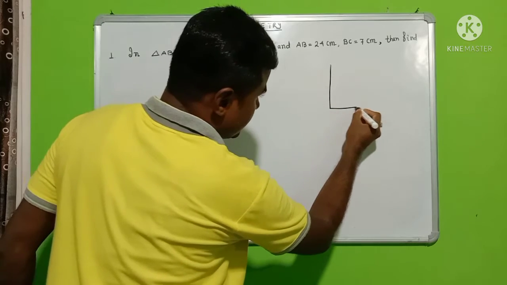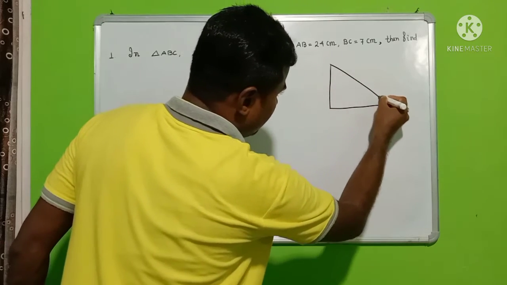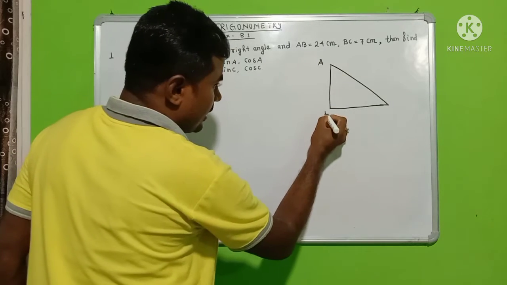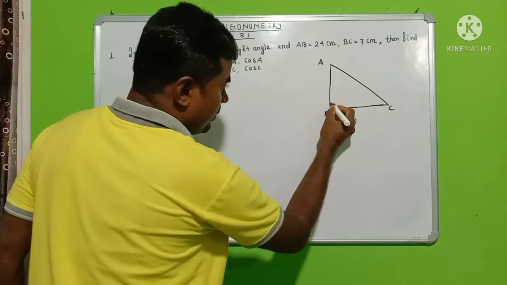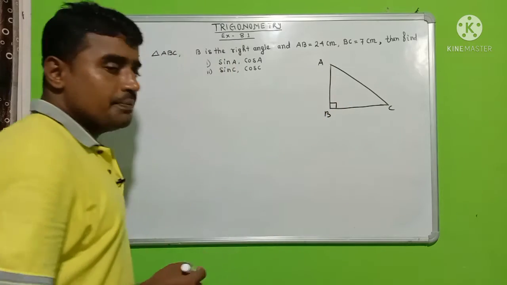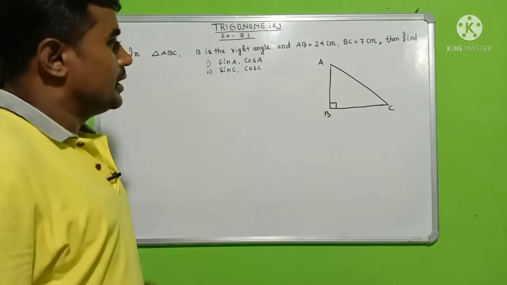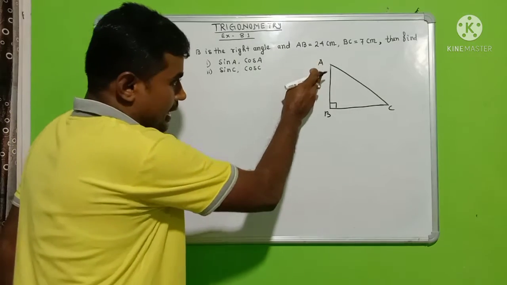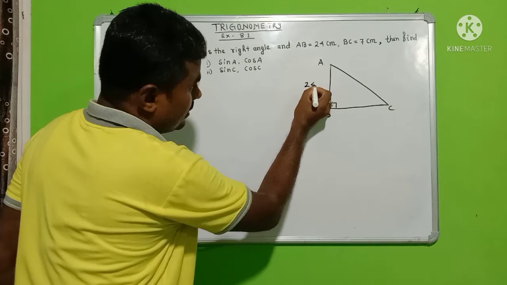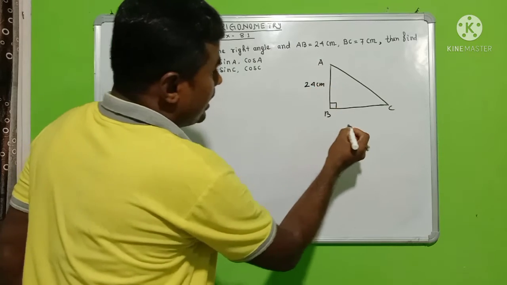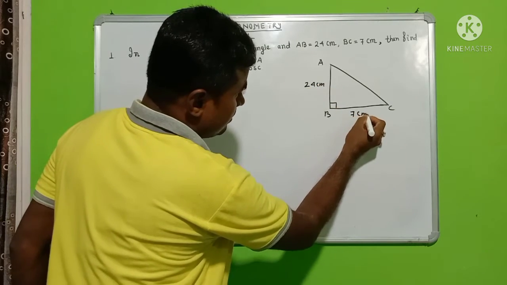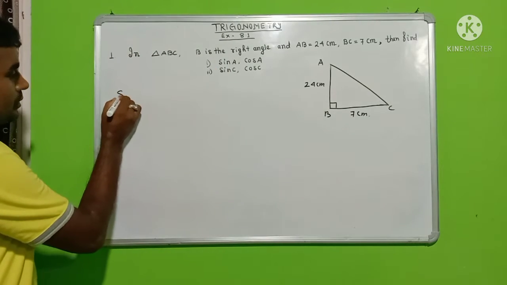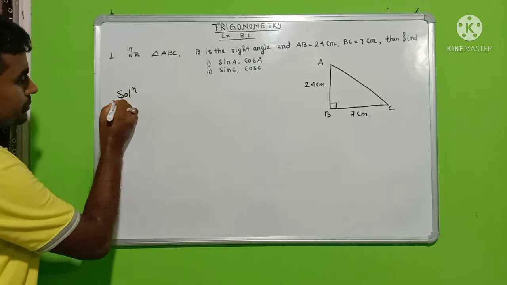So first we draw the right triangle ABC, of which angle B equal to 90 degree. Now observe the side AB is given 24 centimeter and BC is given 7 centimeter. First you write here, solution.